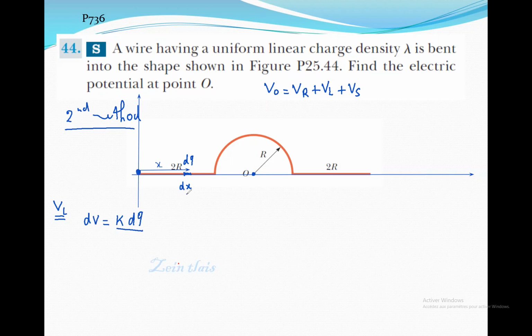The distance from dq to this point equals the total distance 3r minus x. Okay, so the distance between dq and the point equals 3r minus x.